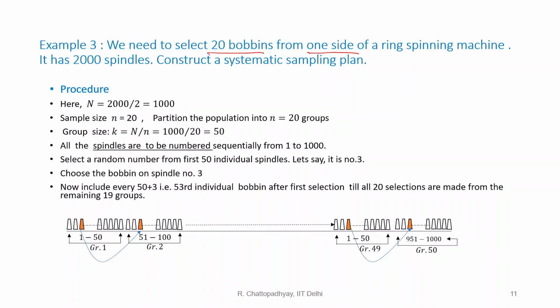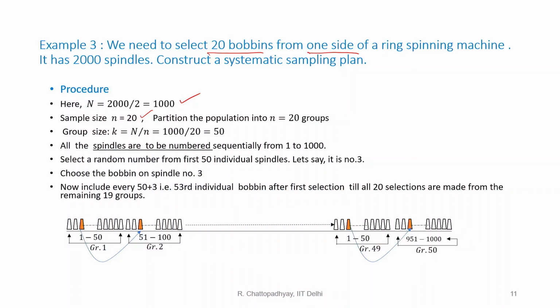That means capital N is going to be 2000 by 2, that is only 1000. Sample size, small n, in this case is 20. That means we have to make 20 groups, because we will divide the entire population of 1000 into 20 groups, since we finally need 20 samples.